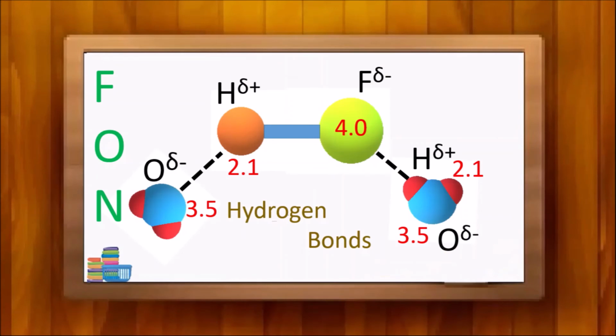Therefore, the difference of electronegativity between hydrogen and one of fluorine, oxygen and nitrogen is so large. This causes a highly polarized bond. So the partial charges of these atoms become rather large. So this type of permanent dipole attraction is very powerful, and so it is especially identified as hydrogen bonds.